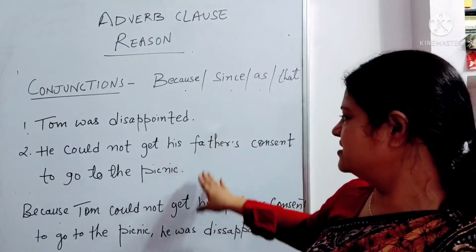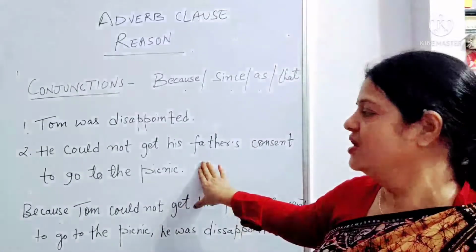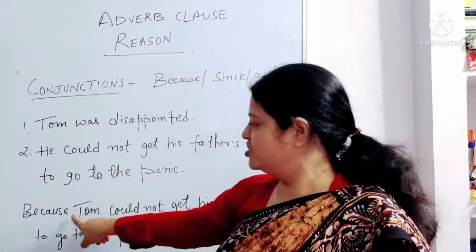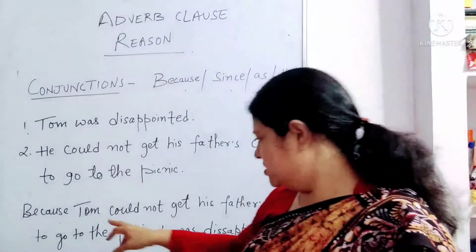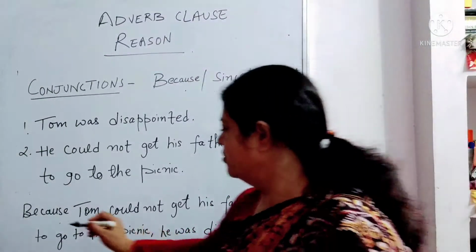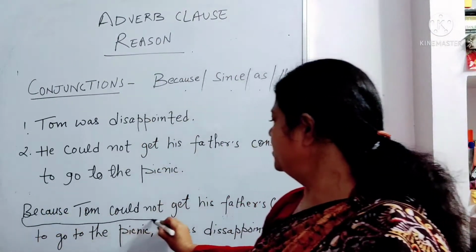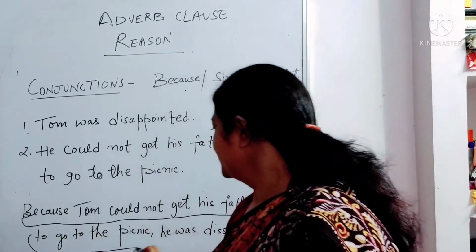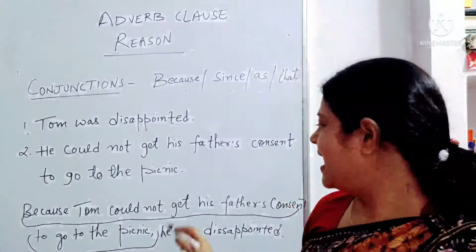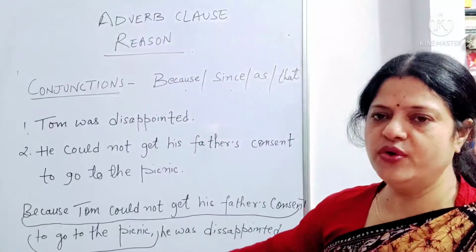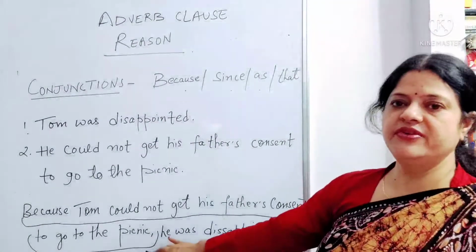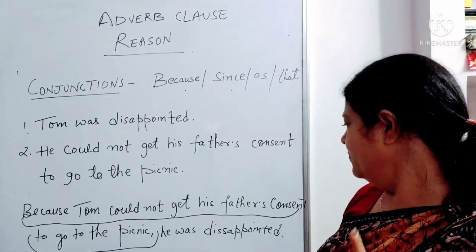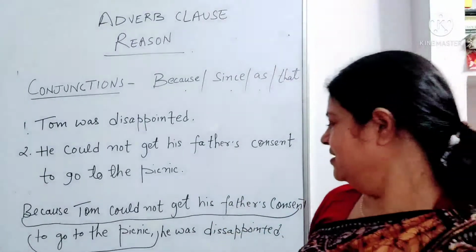This second sentence is showing reason, so in front of this sentence I have written the conjunction because. Now this whole part, because Tom couldn't get his father's consent to go to the picnic, is the adverb clause of reason. Okay. I think it is visible.